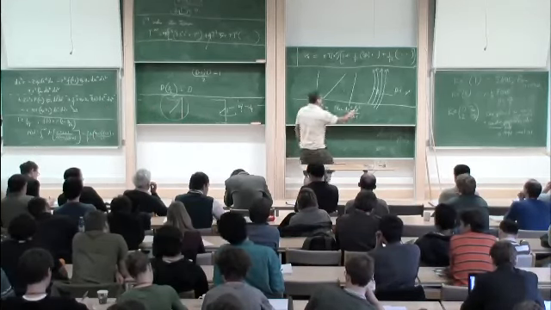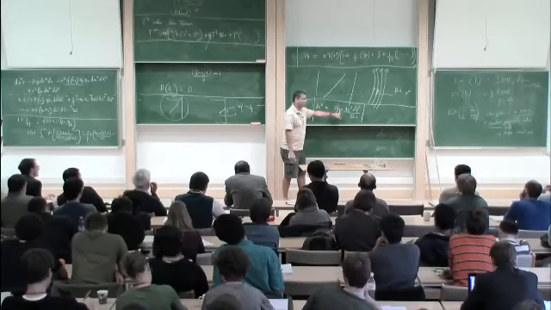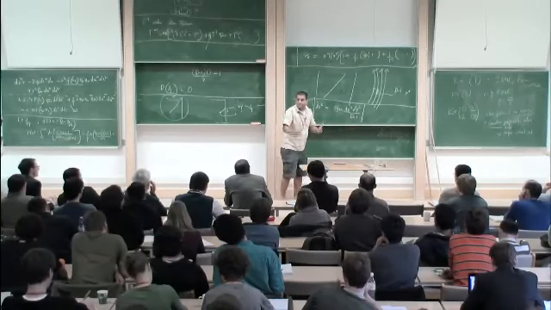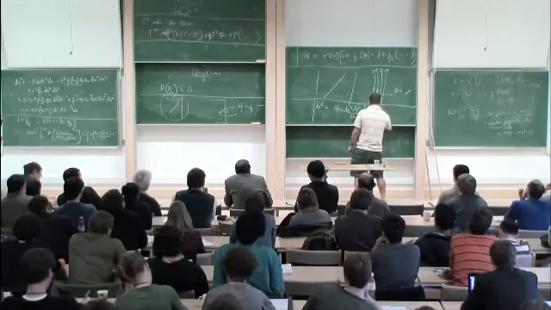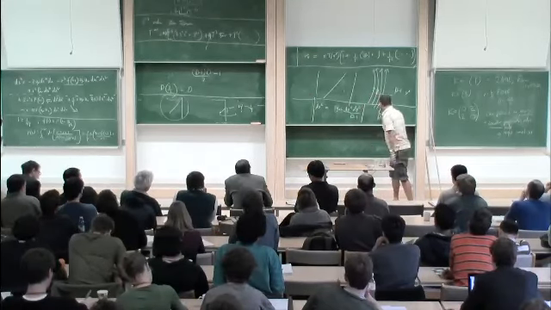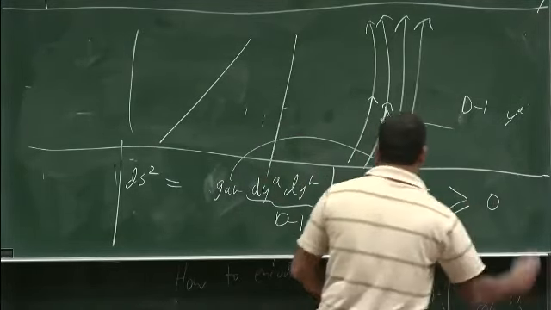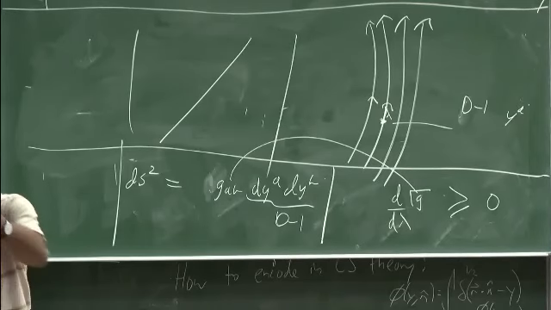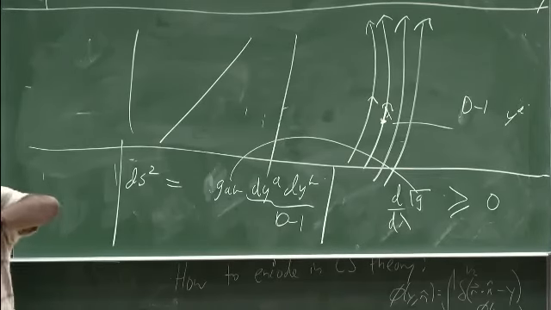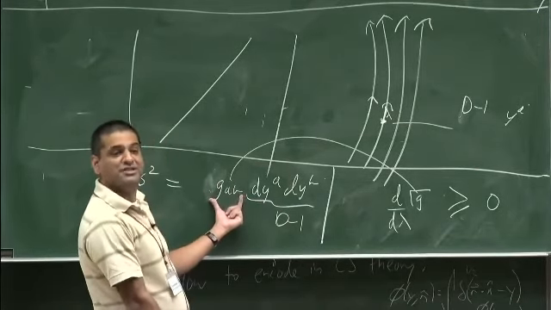Now, Hawking in the early 1970s proved an incredibly important theorem. He proved that d by d lambda of square root of this g is greater than or equal to 0. Okay, that is that the area, in this sense, the area measured by, of course, area is really 0, but you just take the area defined by g.